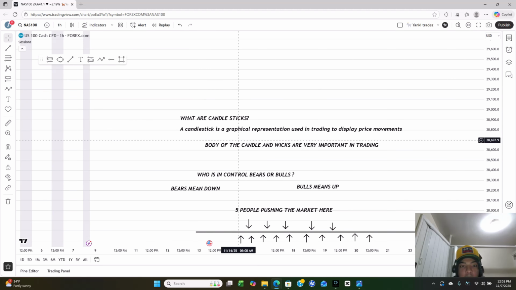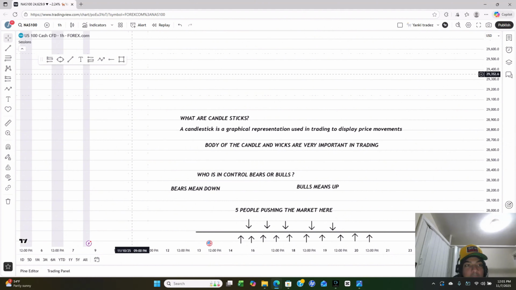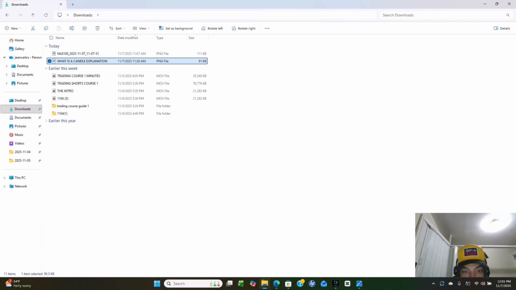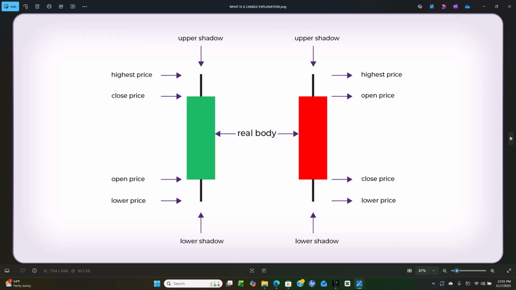So what is a candlestick? A candlestick is a graphical representation using TradingView that displays price movement. I got a nice image for you that I'll download. Let me see if I can explain this as best as I can.